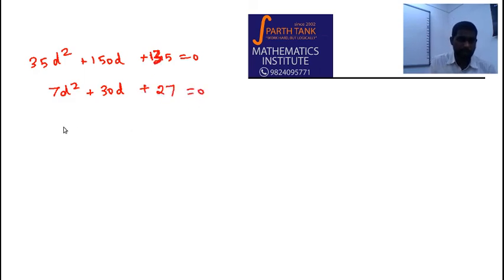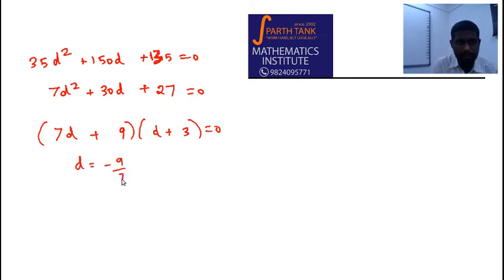Now this can be factorized easily because it is 7 and d. 7 27s are 189. Anyways, you can simplify this here. To get 30, the only combination that would work is 9 and 3. So this implies d is minus 9 by 7 and d is minus 3.